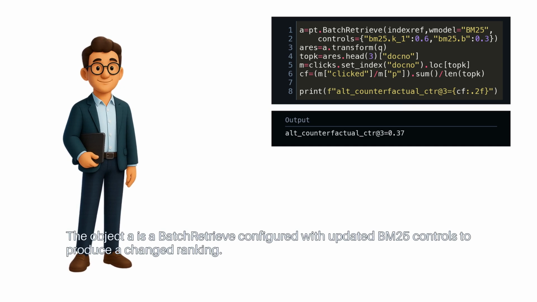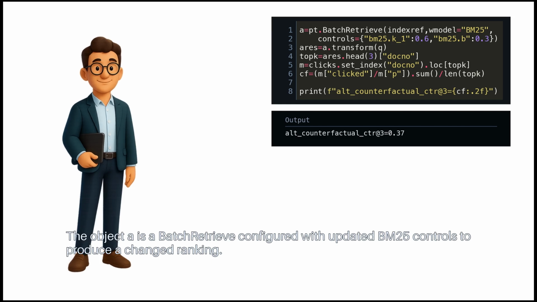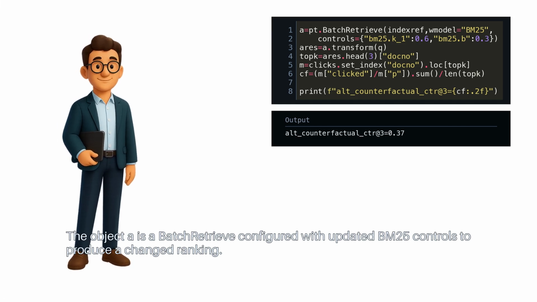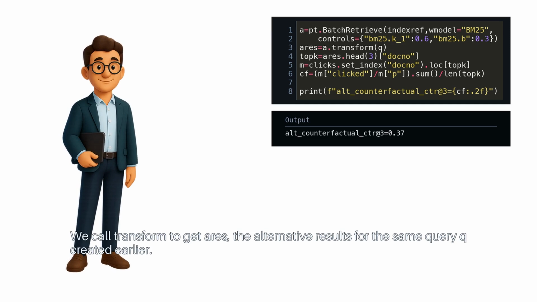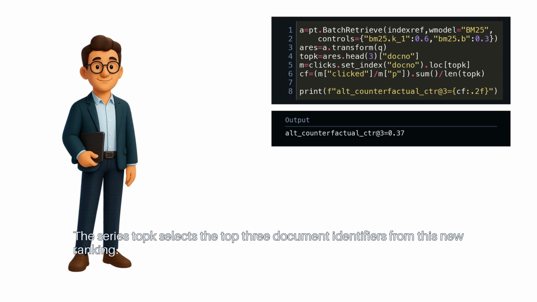The object A is a batch retrieve configured with updated BM25 controls to produce a changed ranking. We call transform to get the alternative results for the same query Q created earlier. The series top K selects the top 3 document identifiers from this new ranking.